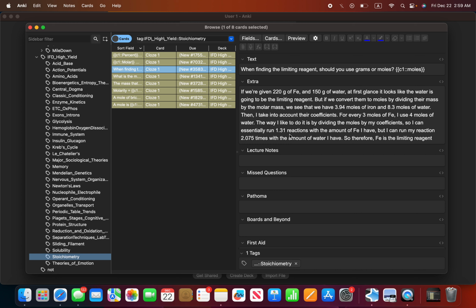So we have coefficients. For every 3 moles of ferritin, I use 4 moles of water. The way I like to do it is by dividing the moles by coefficients.